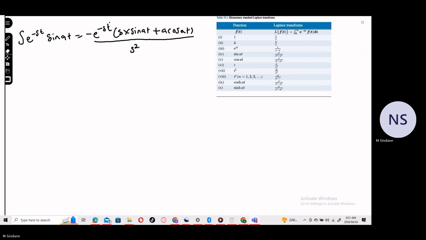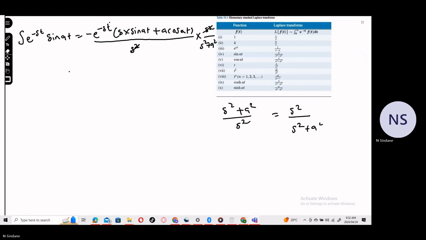So in this case, I had multiplied by s squared plus a squared over s. When I divide by it, it will change to s squared over s squared plus a squared, which is what I'm going to have here, and the s squared and s squared will cancel.